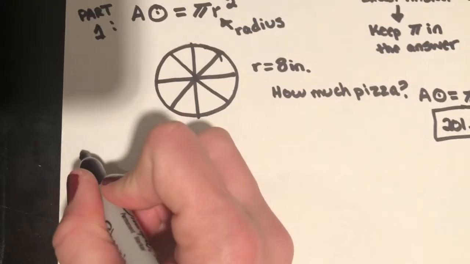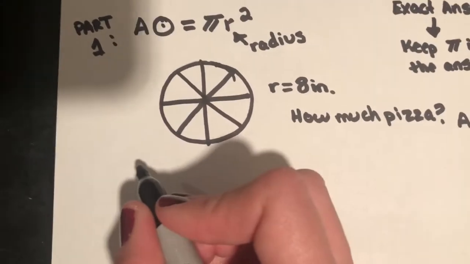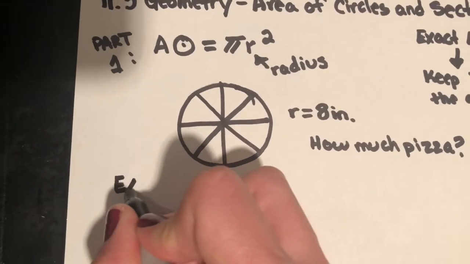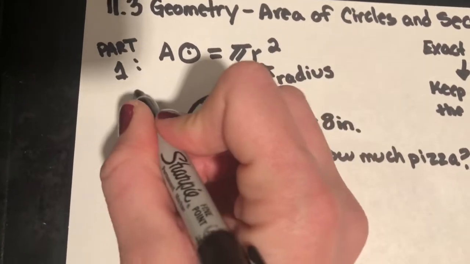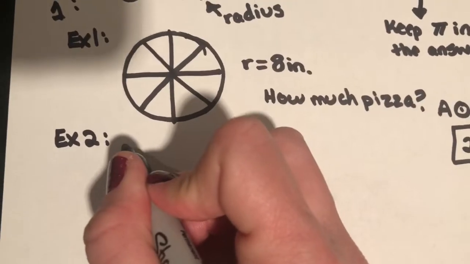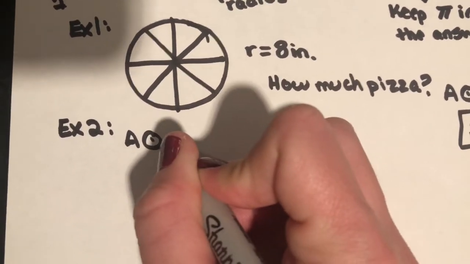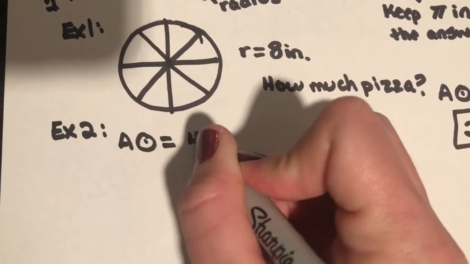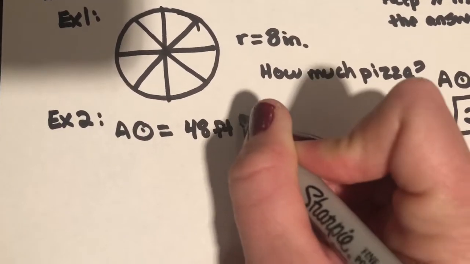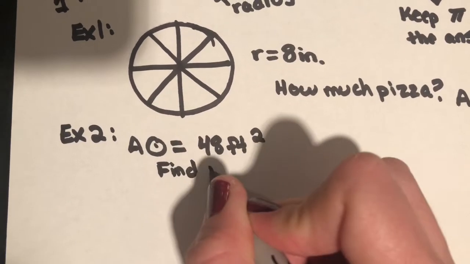All right, actually, let's give you one more example. So this is example 2. This was example 1. Example 2, say you were given the area of a circle. Say the area of a circle equaled 48 feet squared, and your job was to find the radius.